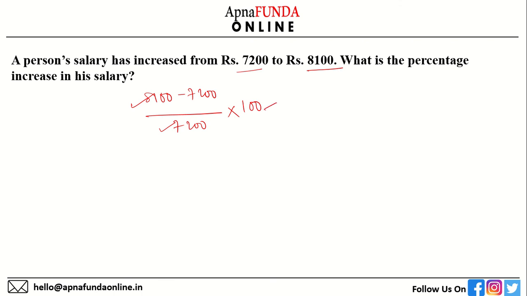So change is 900 divided by 7,200 into 100. This gives me 12.5% as my answer. I hope you have solved along with me and this is the answer that you have got.